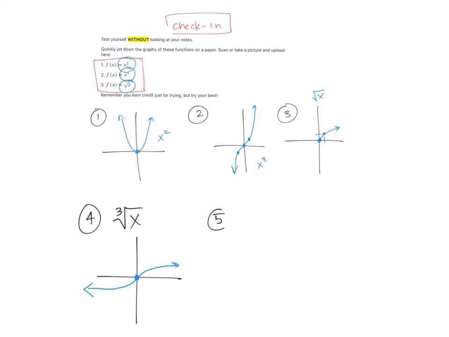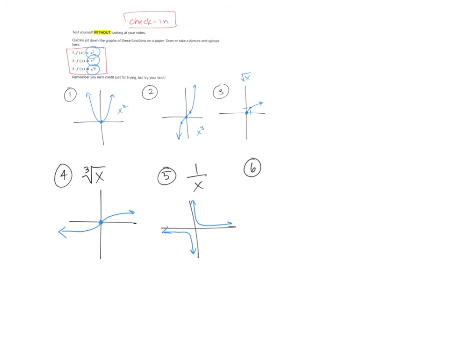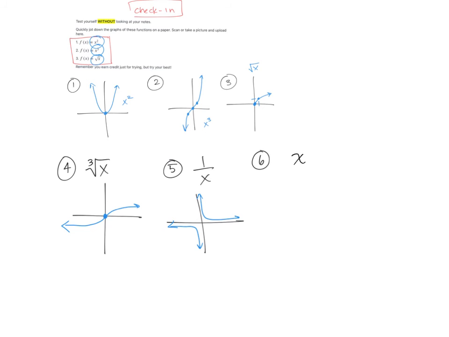You should also know the reciprocal function, which has 2 parts, because we cannot plug in 0, otherwise we're undefined. So it's got these 2 little sections to it. You should also know the identity function, which is just the x. And again, it's 0, 0, 1, 1, negative 1, negative 1, and then you just sketch your line there.